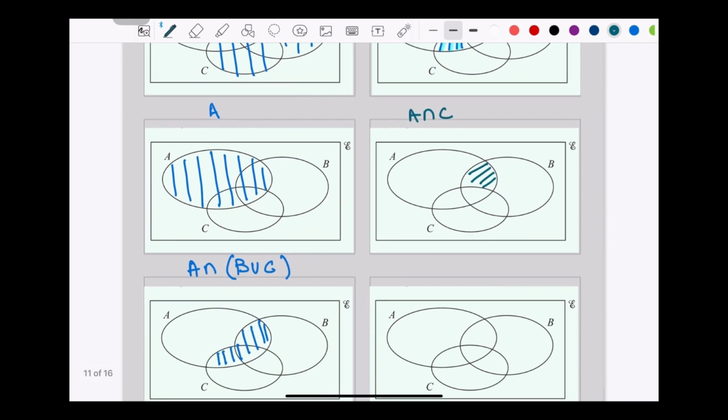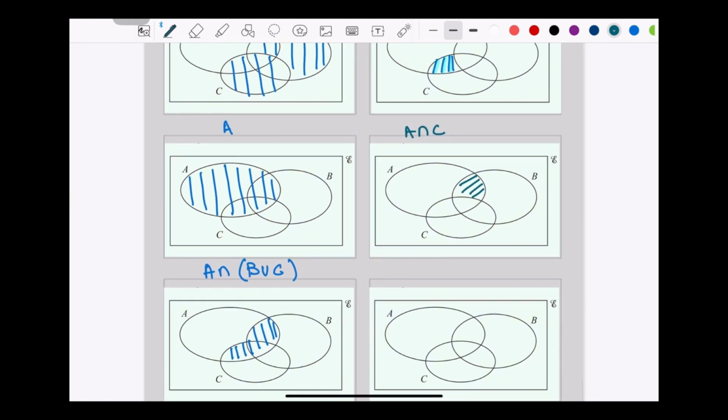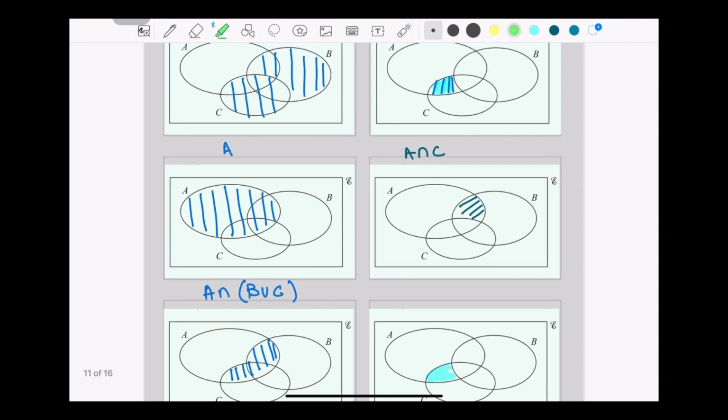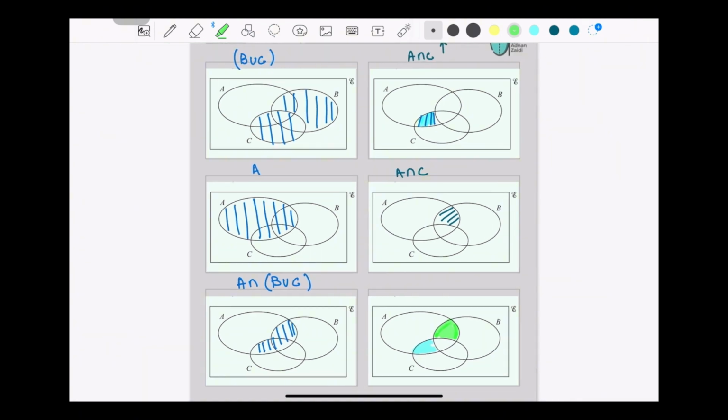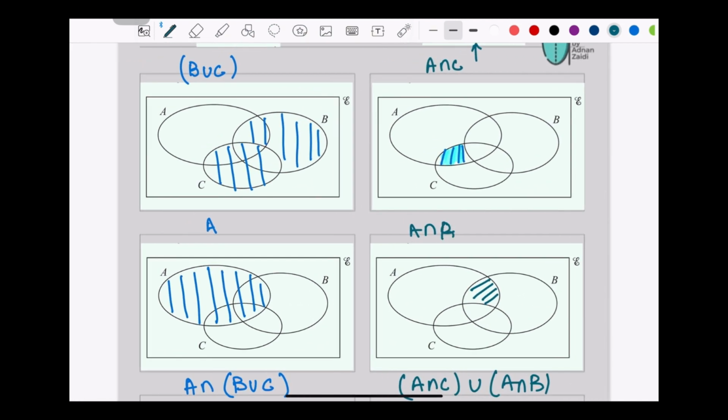If you sum up all of it, this region, which is this region, and this region. So I've summed up all of it, and this has been written down as A intersection C union A intersection B. Union means summing up. This is A intersection B.